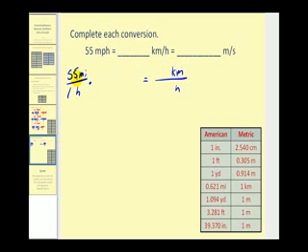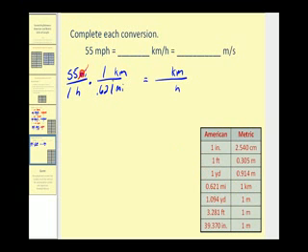We did a similar conversion a moment ago. We want to convert miles to kilometers. Here's the conversion that we'll use. We're going to have miles in the denominator and kilometers in the numerator, so that the miles will simplify out. And again, the conversion is 1 kilometer is equal to 0.621 miles.